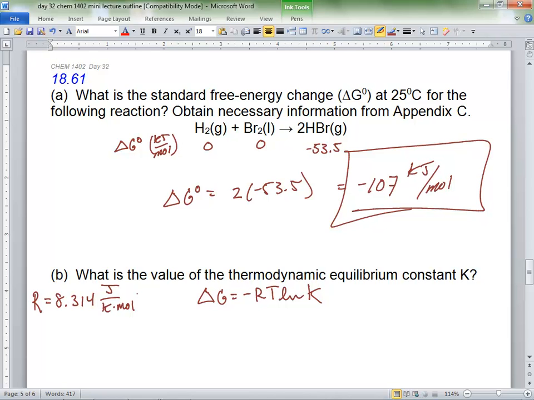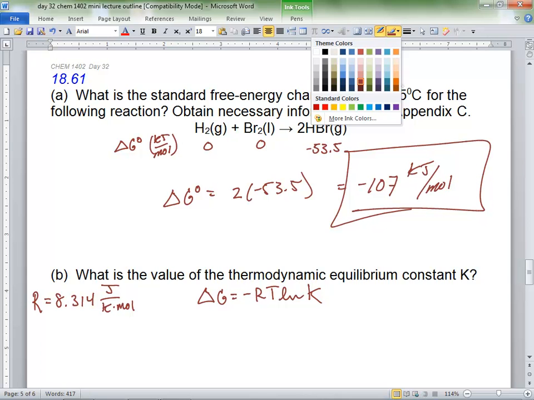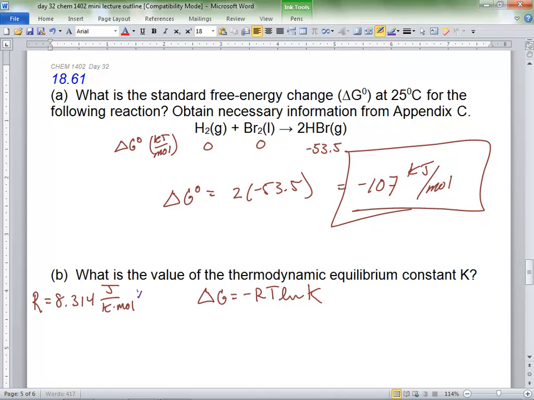But if you want to go from joules to kilojoules, divide by 1,000. So if you just want to pick one, like the 8.314, get them into kilojoules, you just say, okay, times 1,000 joules in a kilojoule, and you'd have them in kilojoules. So that's one route to go.